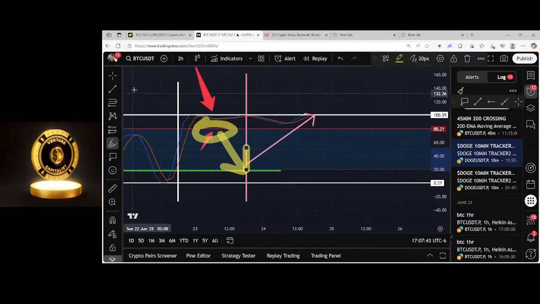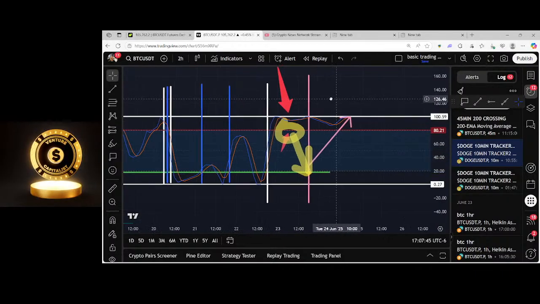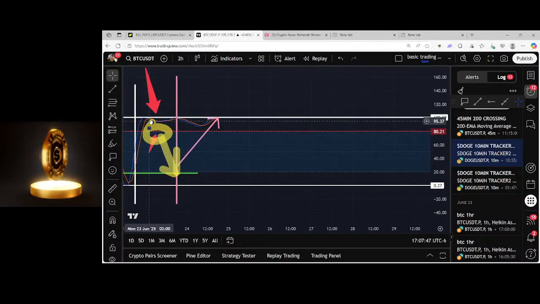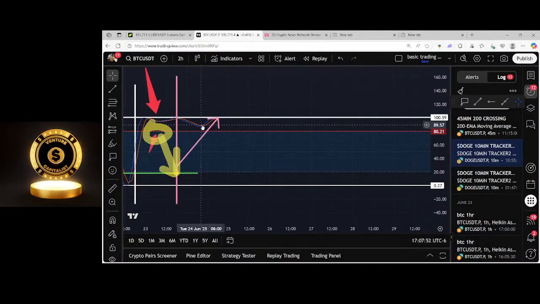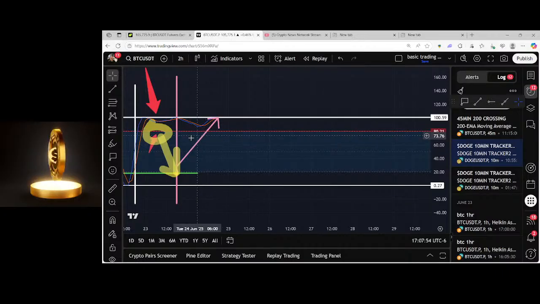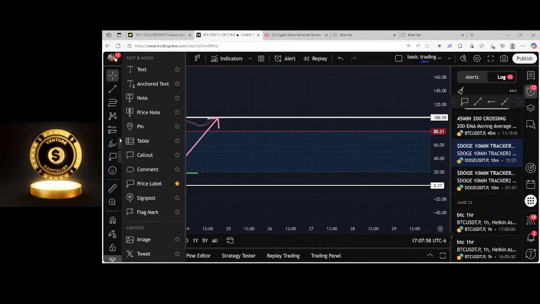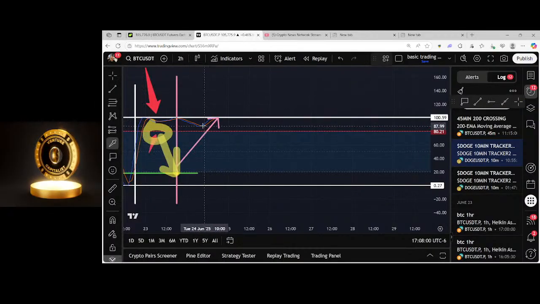So far, as we go across here, notice that the 2-hour has pulled back, pushed back up, came down, didn't touch the 80, but it reversed to the other side. So you see how right here it starts to go up?